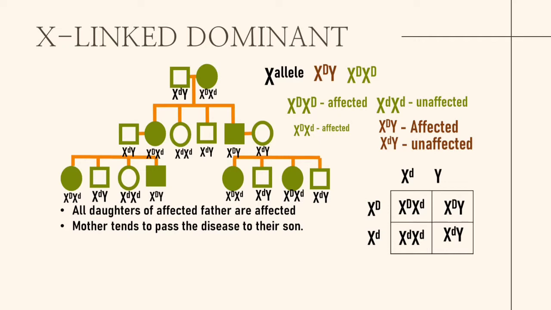Kasi nga nanggaling yung sakit doon sa ating tatay. Okay? So in here we have child number 1 is affected, or this one is the affected daughter. Child number 2 is unaffected son. Child number 3 is affected daughter. And child number 4 is unaffected son.